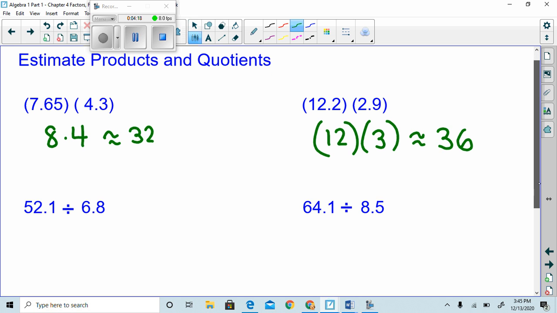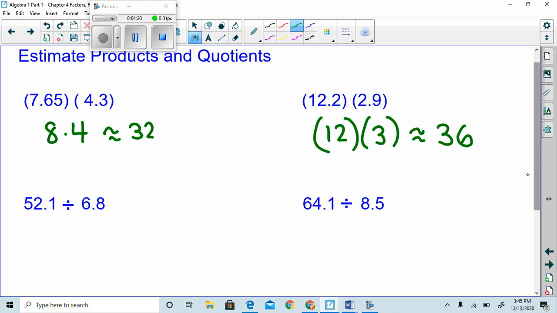When we got to quotients, this was something slightly different, and yet I thought you did a nice job with these. You round your divisor, okay? So you're going to round the divisor, which gives me 7. And then I'm going to find a number that's compatible. So I'm thinking of my multiples of 7 or my 7 times table, and I stop when I see something close to it, either slightly above or slightly below, and that gives me approximately 7.